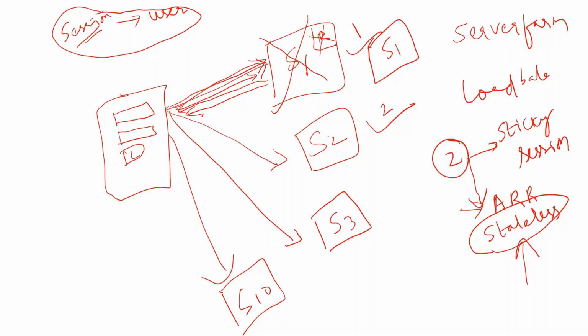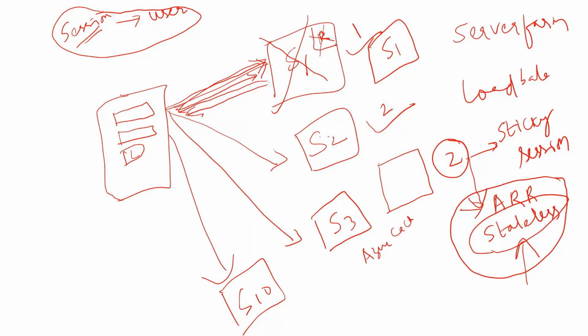So now in stateless architecture, where do we have to store sessions? We should not store the sessions in server's RAM. Instead, create something called Azure Cache for Redis. Basically, there is a concept called Redis cache.